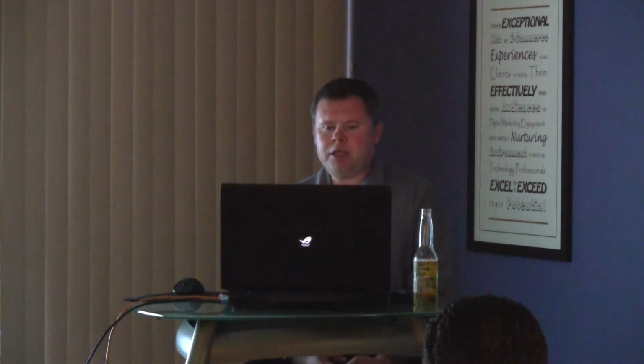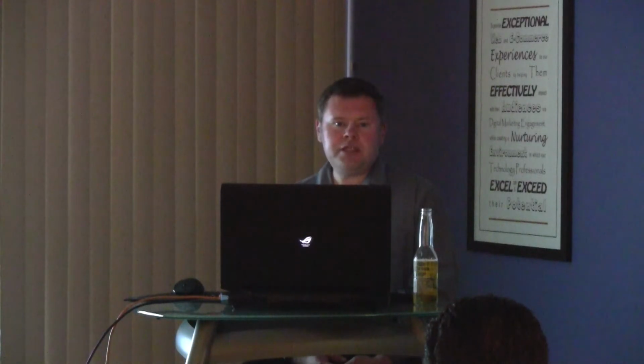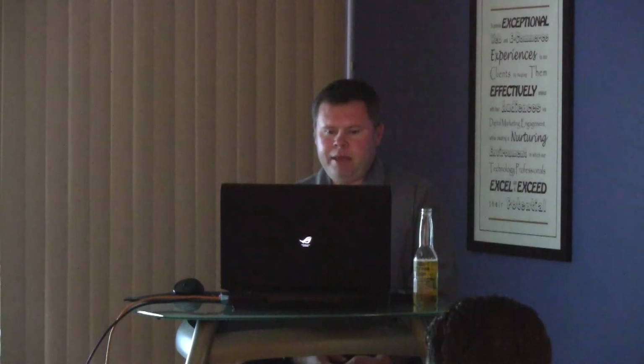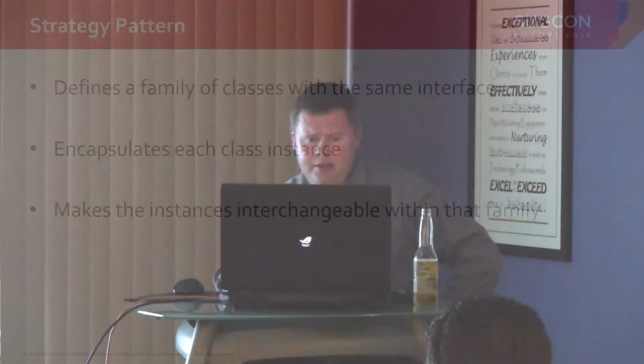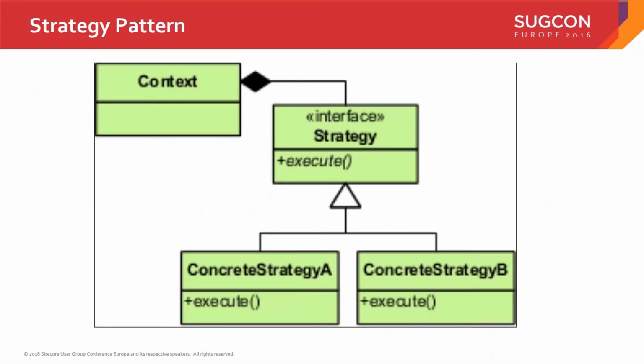We encapsulate an instance of each one of these, and then we make them interchangeable within that family. No kidding, because they have the same interface, right? And we can reuse them because they have the same methods. So here's what we're going through. We have a context item, which is something different.